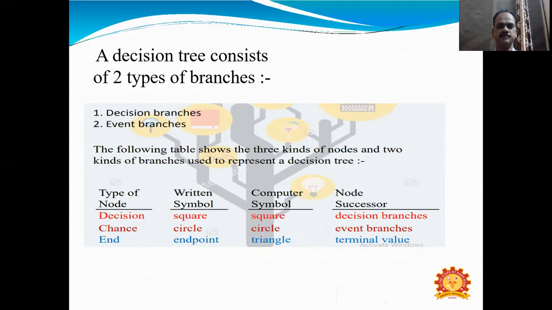The written symbol uses square, circle, and endpoints to make the tree structures. The computer symbol also uses the square, circle, and triangle. The node successor uses decision branches, event branches, and terminal values.